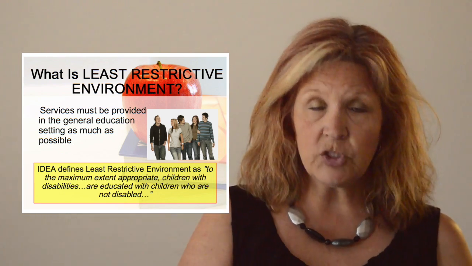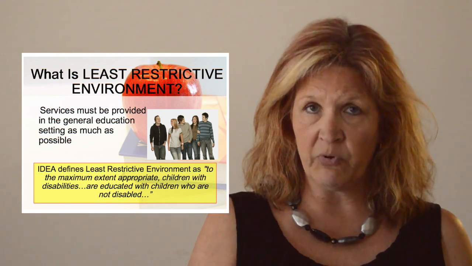We can also look at direct special education services being provided in the general education classroom. Consultative services, we can look at collaborative services and co-teaching services. Any of those can be provided in the general education classroom to allow your child to stay in that setting and be among his or her typical peers.